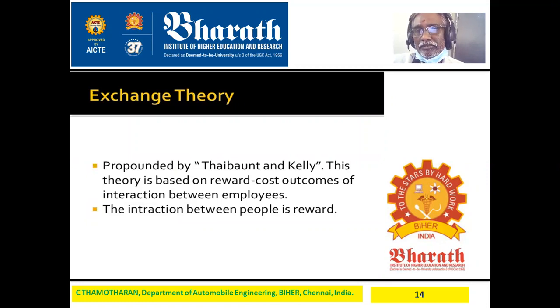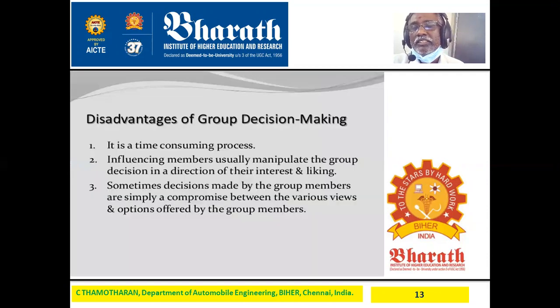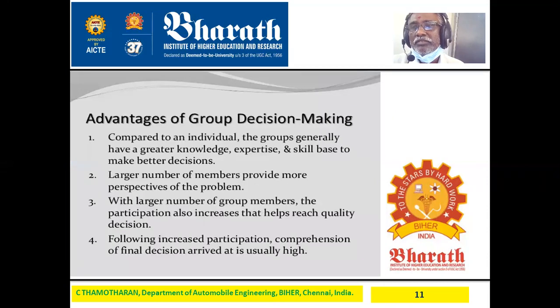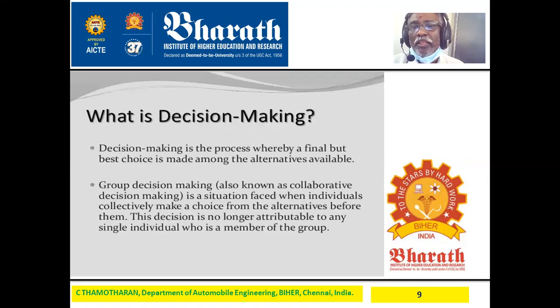Whether it is X category or Y. In theory, I would have explained balance theory also very clearly. I have listed all the advantages of group decision making, and types of decision making we have also discussed.